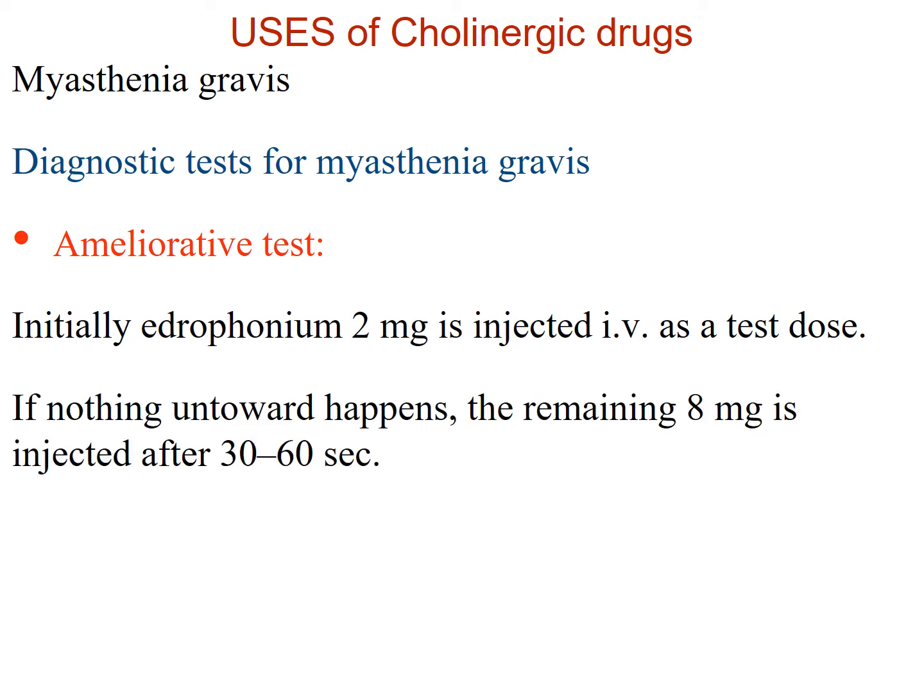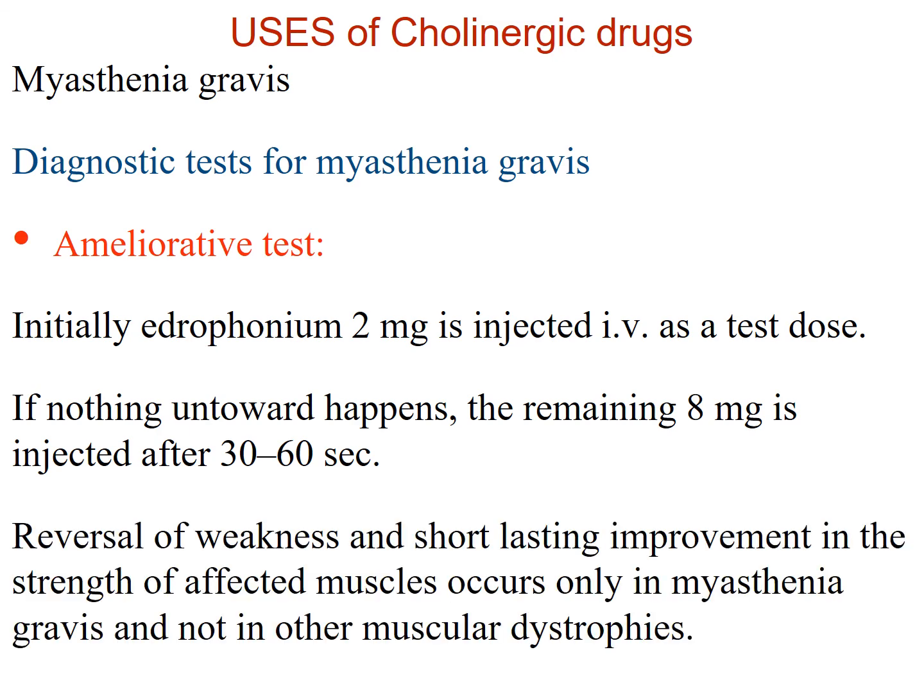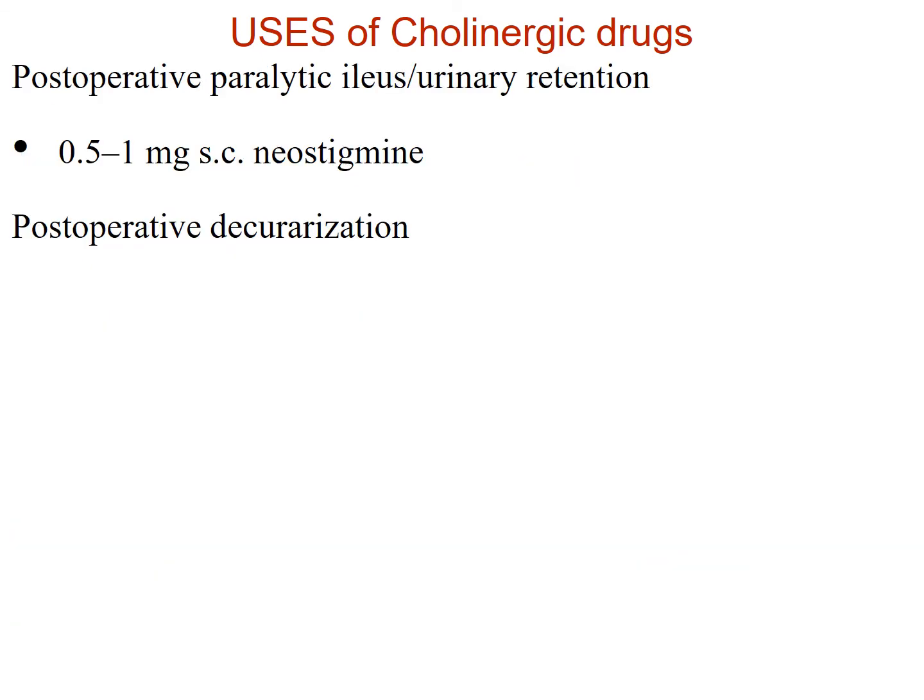Then if nothing untoward happens, the remaining 8 milligrams is injected after 30 to 60 seconds, and the reversal of weakness, a short-lasting improvement in the strength of the affected muscles, is seen only in myasthenia gravis and no other muscular dystrophies. So this is another test to diagnose myasthenia gravis with the help of edrophonium.